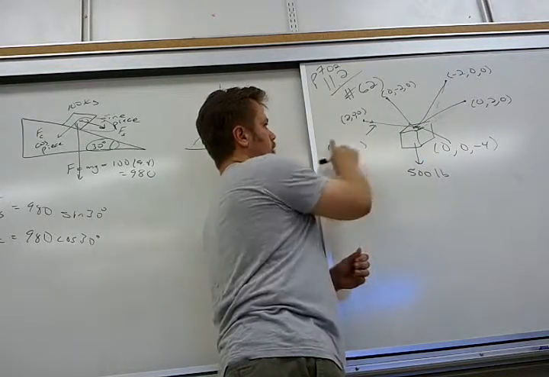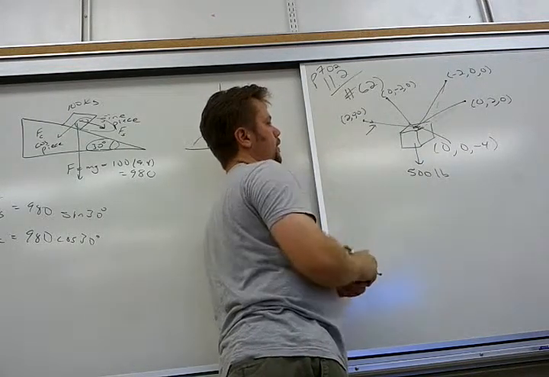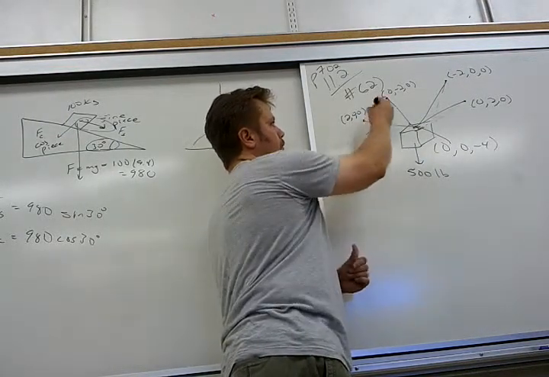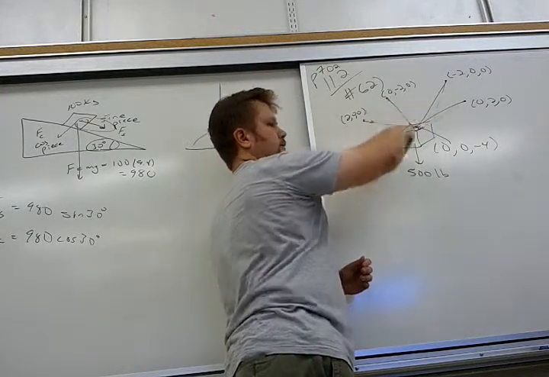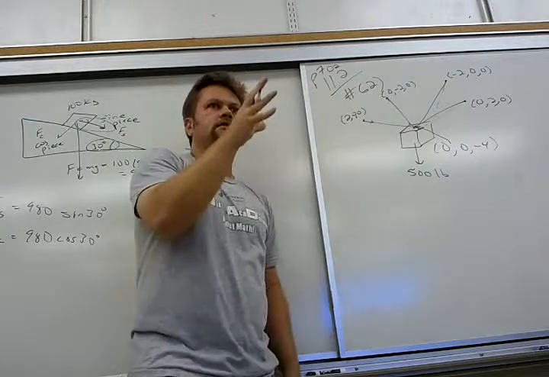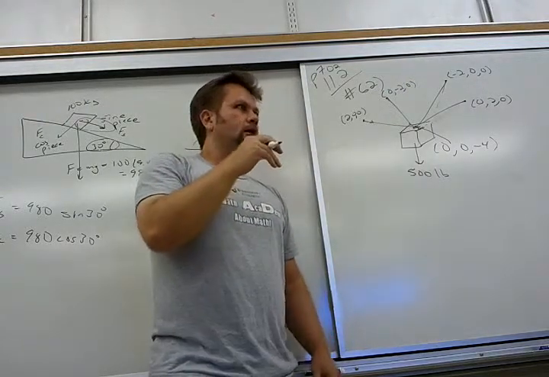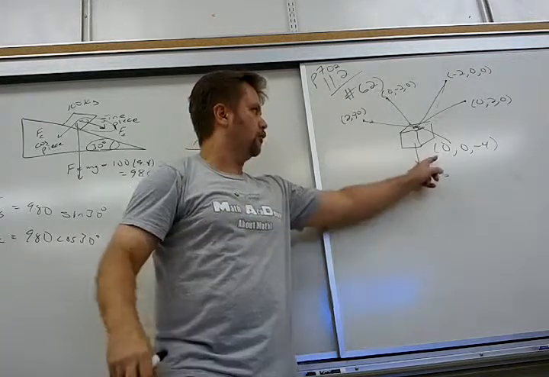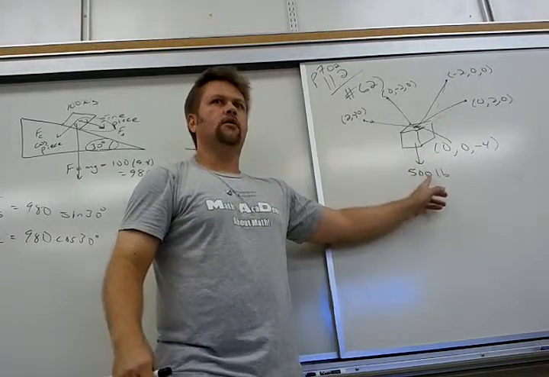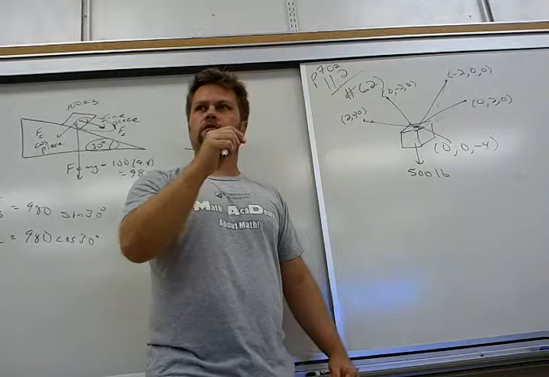Okay, so the big thing about these is, on each of these ropes, what direction is the force acting in? What part of the rope actually works to counteract this weight? Which component of each of the ropes?